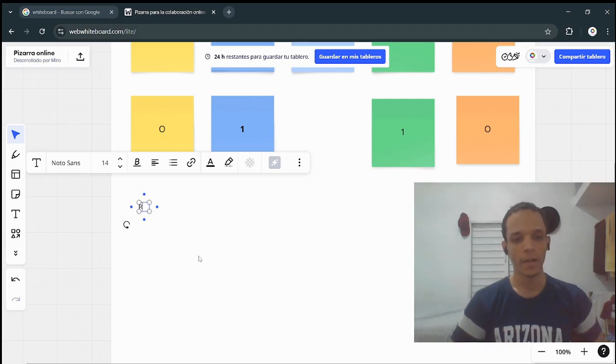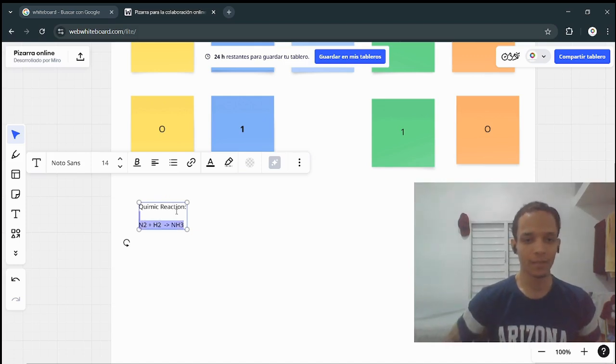Let's put the chemical reaction is equal to N2 plus H2, and then we put, for example, an arrow sign, NH3.